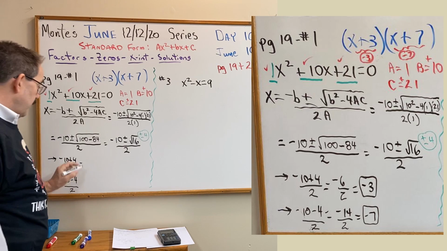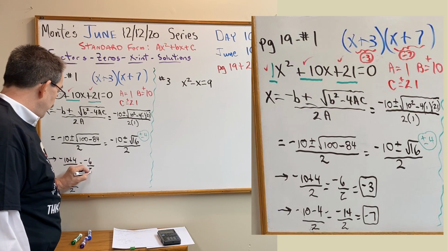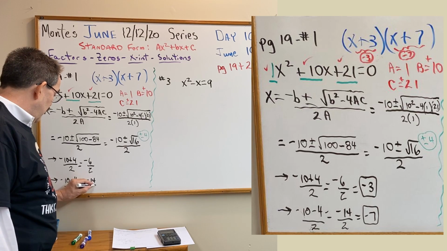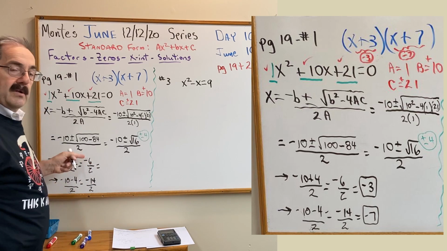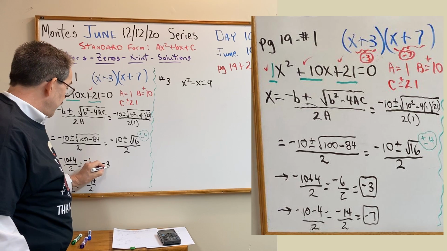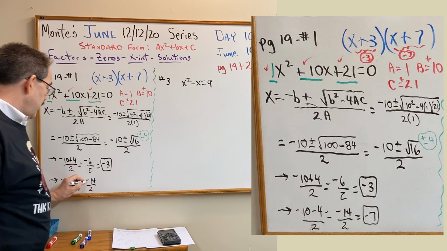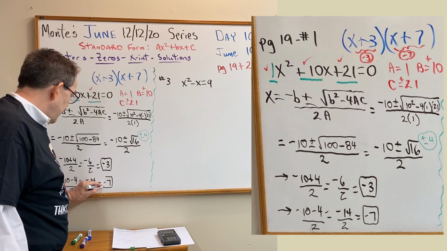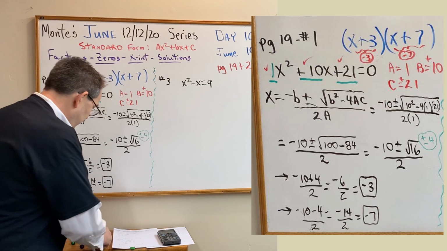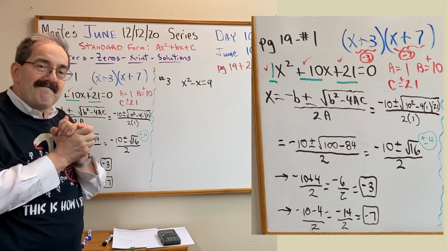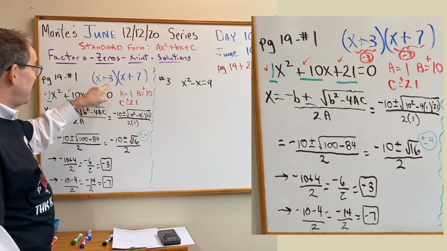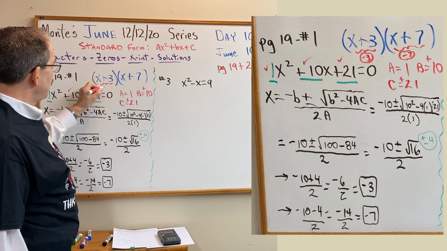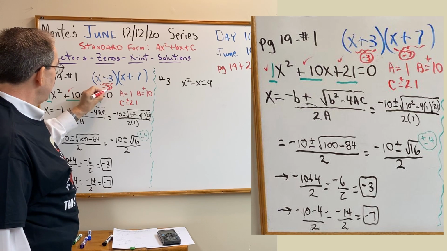Negative 10 plus 4 would be negative 6 over 2, negative 14 over 2. Well, negative 6 divided by 2, that's just negative 3. Negative 14 over 2, that's just negative 7. Is that what we were expecting? Go back to the original. What's the opposite of positive 3? Negative 3.